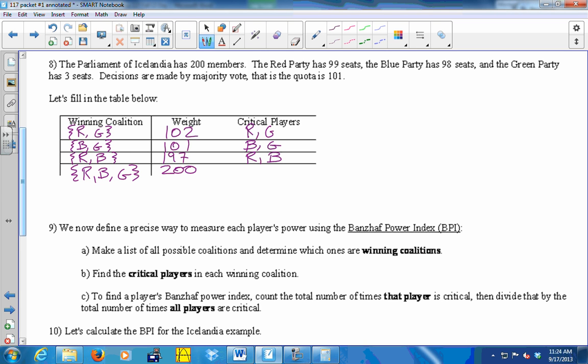Yeah, that means that red is not critical to this coalition, so we don't list them as a critical player. If blue leaves, red and green still have enough, so blue is not critical. And if green walks away, red and blue together are still a winning team, so green's not critical. There are no critical players in the Grand Coalition.